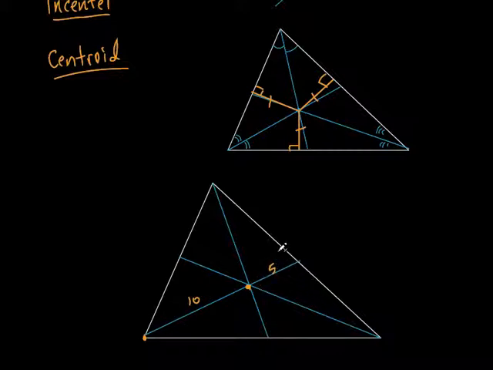That's 5. Make sense? Same thing for the other ones. Remember, from the vertex to the centroid is the longer one. From the centroid to the midpoint of the opposite side is the shorter one. So the longer one is twice as big as the shorter one. So that's what's true about the centroid.